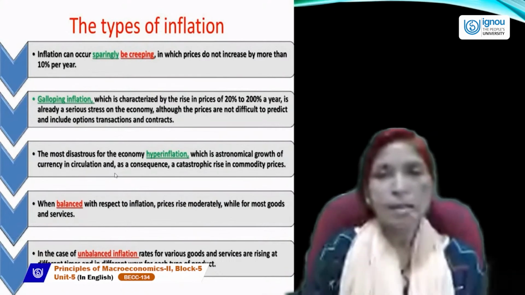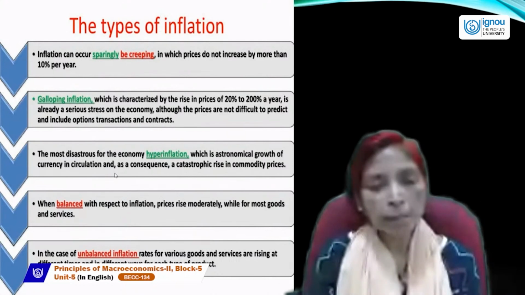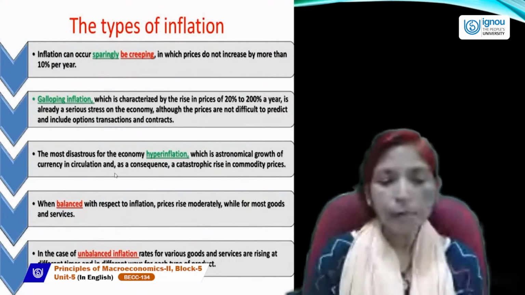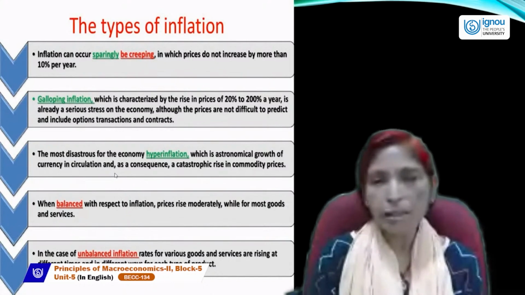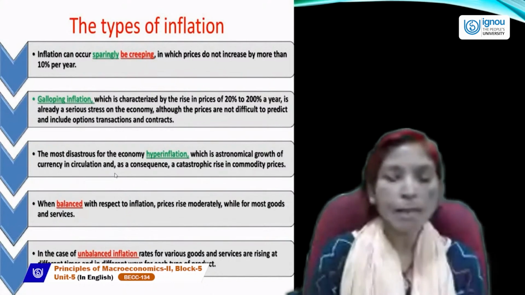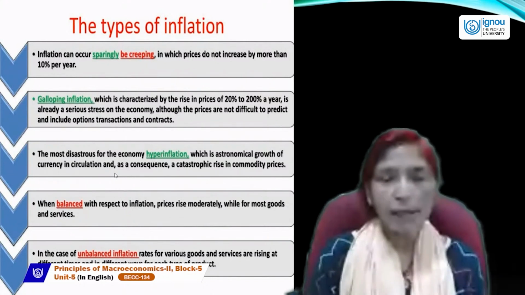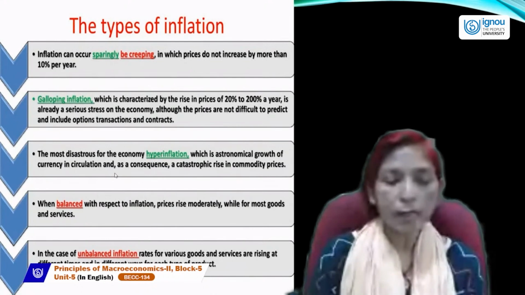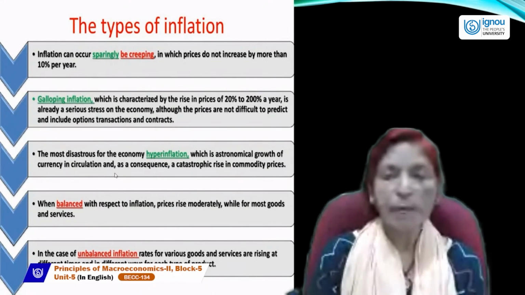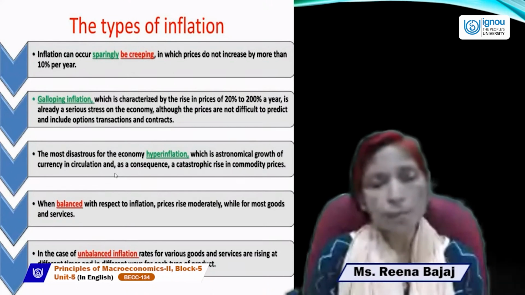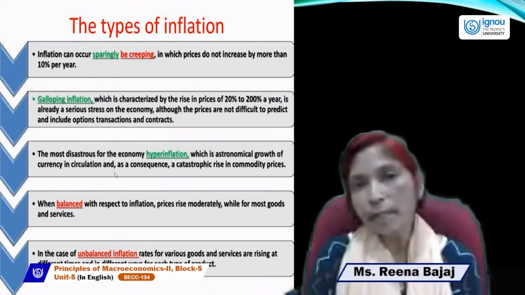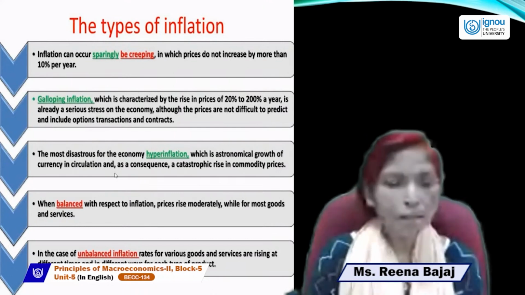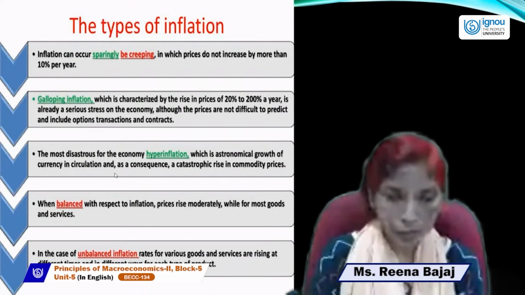And if there is an unbalanced growth in price level, for example, if price level is increasing not at the same rate or not in the same proportion, that is called unbalanced inflation. Some products' prices rise by 100%, some goods' prices rise by 20%, some goods' prices rise by 50%. That is called unbalanced inflation.